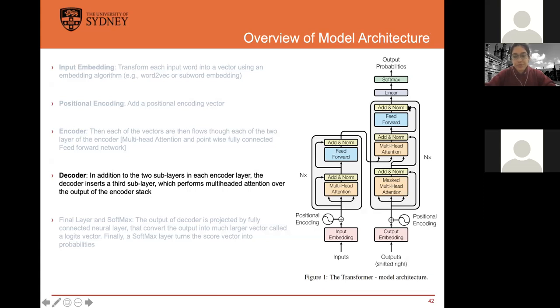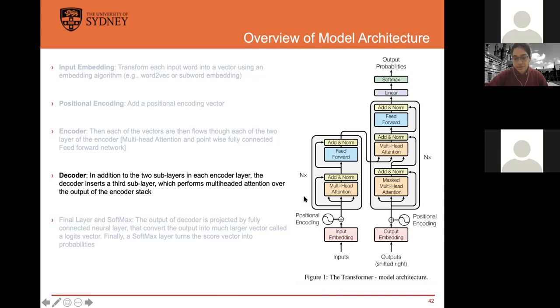Next, we move to this section of the architecture, which is the decoder layer. We have already discussed most of the concepts in the network, so there are only a few additional concepts to add in this decoder layer, because in the decoder layer you see there are three sublayers.